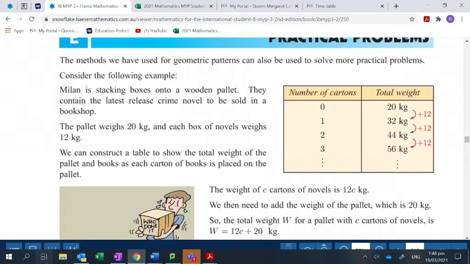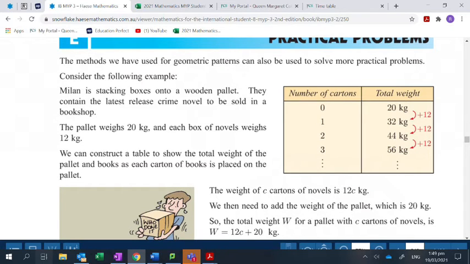So Milan is stacking boxes onto a wooden pallet. They contain the latest release of a crime novel to be sold in a bookshop. That has nothing to do with anything, does it? But you're going to see that there's some information that they give you that's extra. The pallet weighs 20 kilograms, and each box weighs 12 kilograms. So, if you have 0 cartons, why 0 cartons for 20 kilograms?